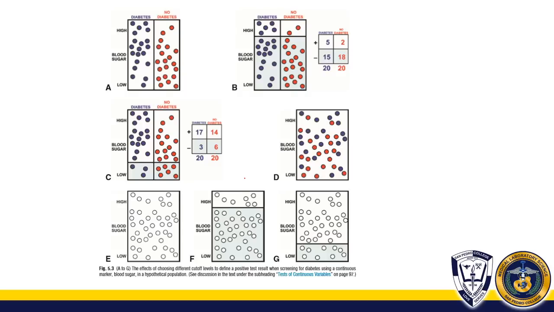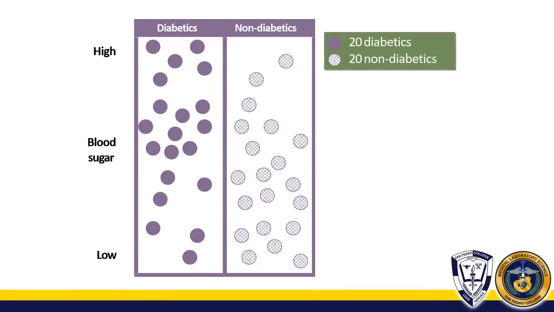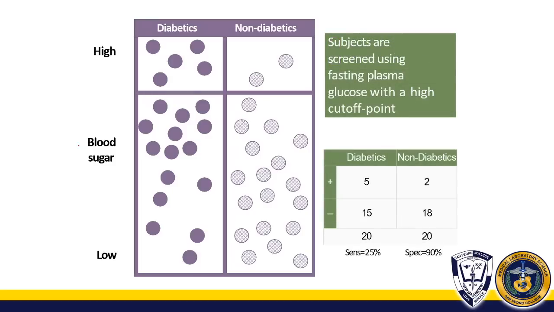So, we will go through it one by one. Suppose we have 20 diabetics and 20 non-diabetics, and we are trying to figure out the cutoff point. Subjects are screened using fasting plasma glucose, and this time, we will use a high cutoff point.